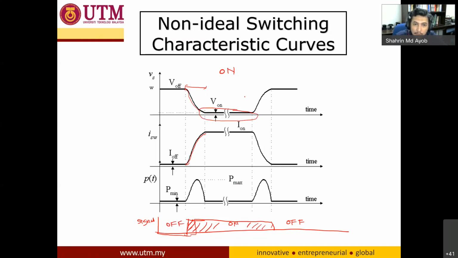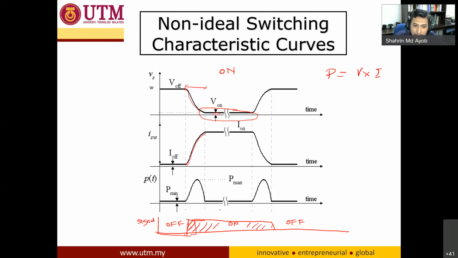For the ideal switch, during on, the voltage is zero, right? But for the practical switch, there is some voltage drop due to the internal resistance of the device. As you can see, the power is V multiplied with the current. So during turn on, there is a very small voltage and a very large current, because right now it's turned on.